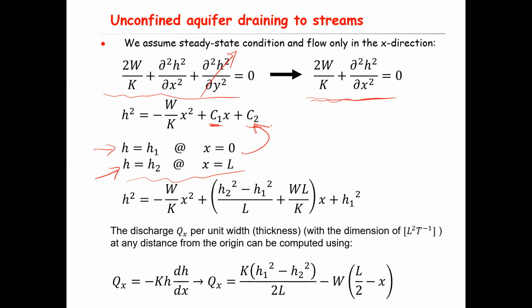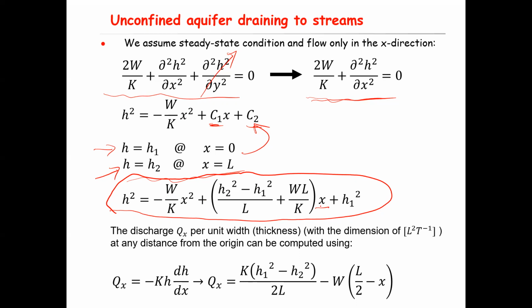Then you can calculate C1 and C2, and if you plug them back into the same equation, you will obtain this equation. It relates the pressure head to K, the length, H1 and H2, and the recharge to the aquifer, as a function of distance x from the origin.